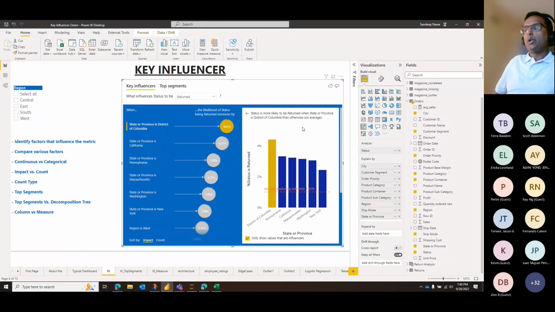We started off with the question, where should the business user start looking at, right? And now we sort of have an answer that maybe they should start looking at District of Columbia.